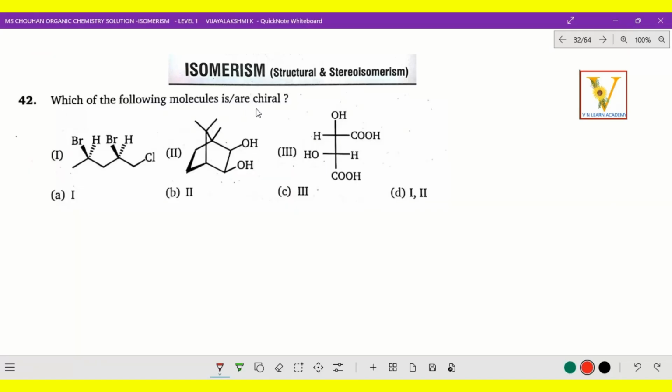Chiral. Now let us check which is the chiral molecule. Before finding the chiral molecule, what do you mean by chiral? You know very well. For a chiral molecule, you can find all these points. A chiral molecule is optically active. The second and main point: it has a non-superimposable mirror image.